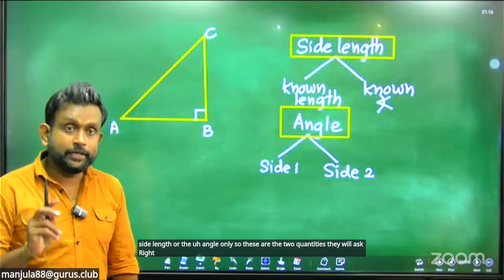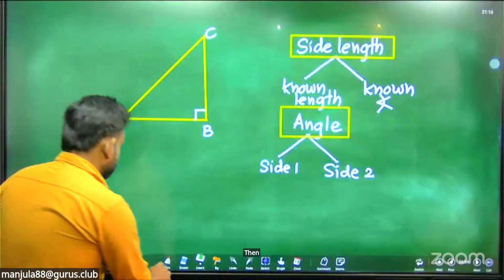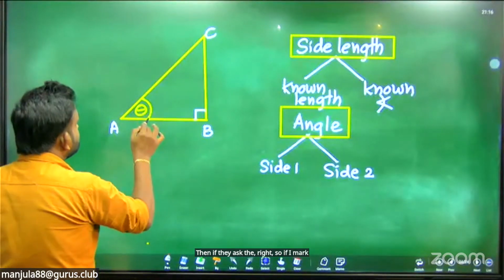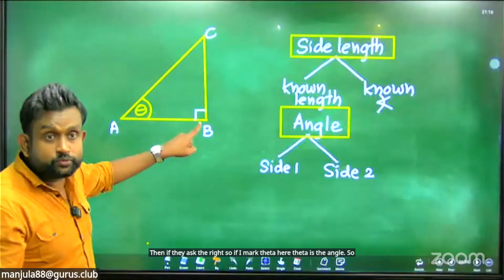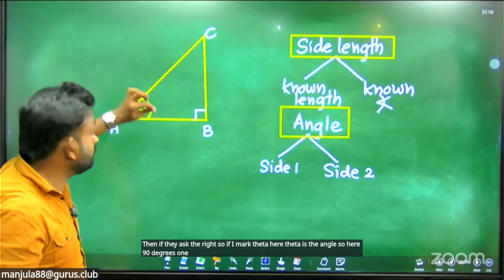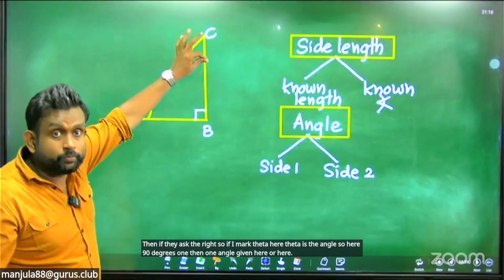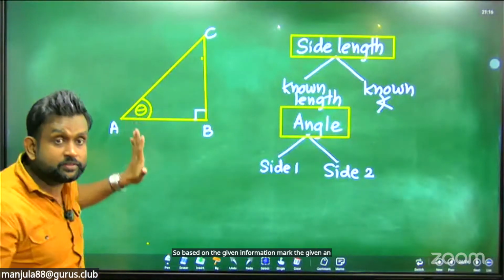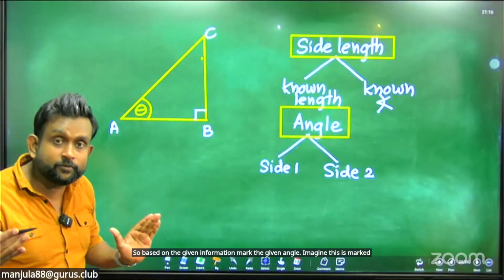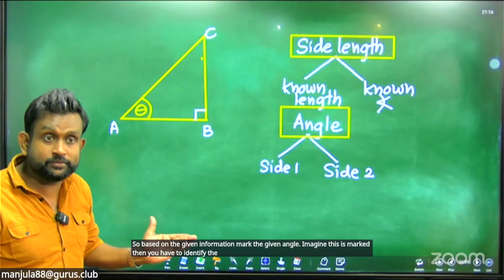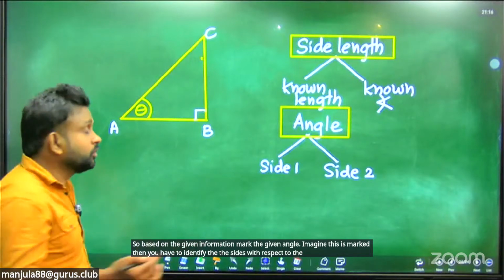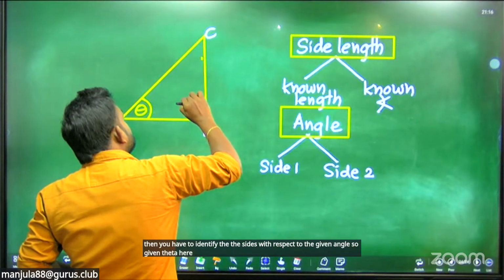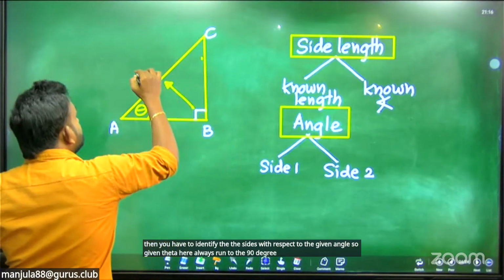If I mark theta here, theta is the angle. Here is 90 degrees, then one angle is given here or here. Based on the given information, mark the given angle. Imagine this is marked, then you have to identify the sides with respect to the given angle. Given theta here, the side in front of the 90 degrees is the hypotenuse, right?